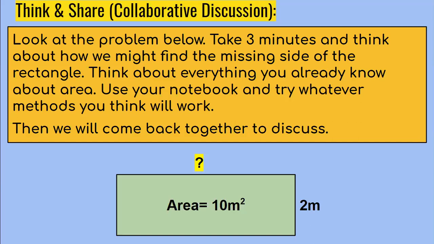Okay, so what I did was I used prior knowledge. Okay. So I know that the other side that doesn't have a number on it, not the top or the bottom, but the opposite side from the 2 meters, is also a 2. So that's 4.